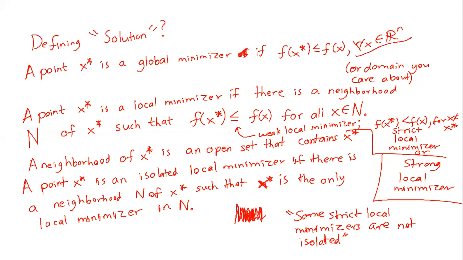But here, f evaluated at the minimizer has to be strictly less than at any other point in the neighborhood. I think there is an example in the book, so I can use this one.